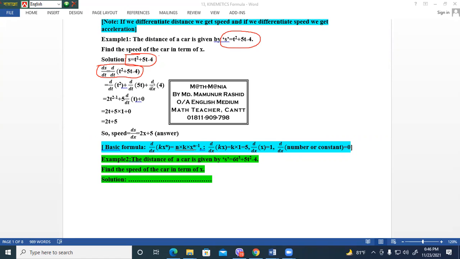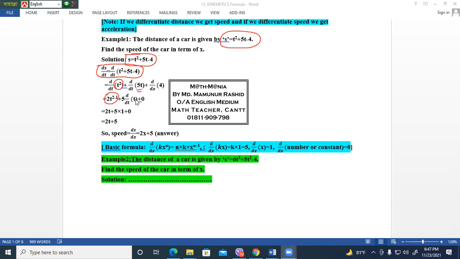This is the basic formula. The power of t square will be multiplied, and 1 will be subtracted from the power. Then 5t means 5 into 1, that's all.